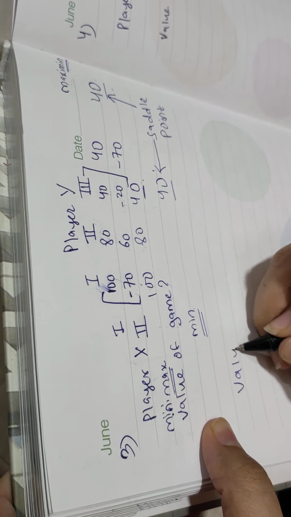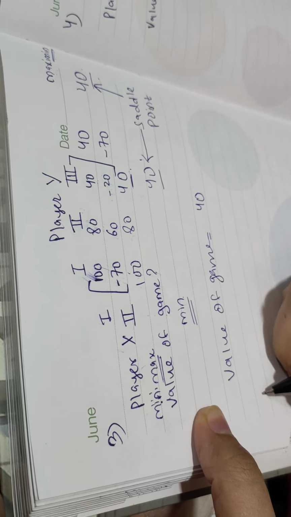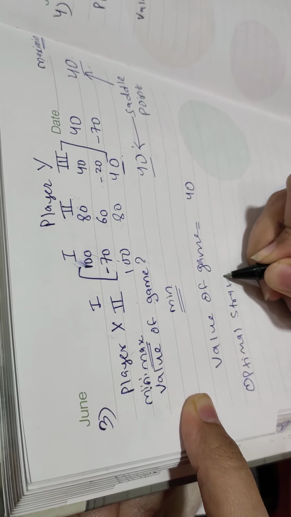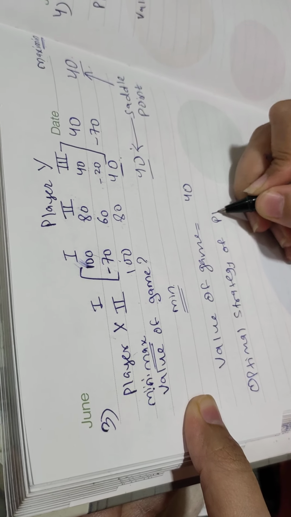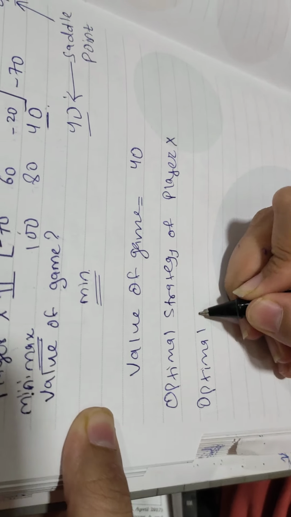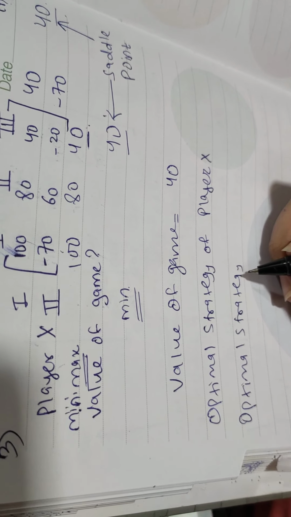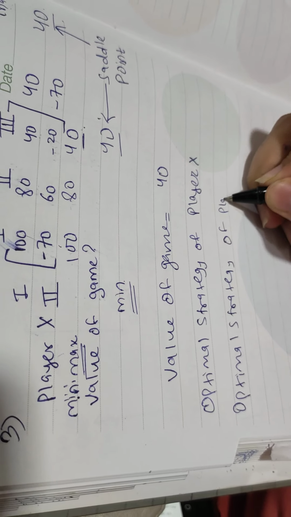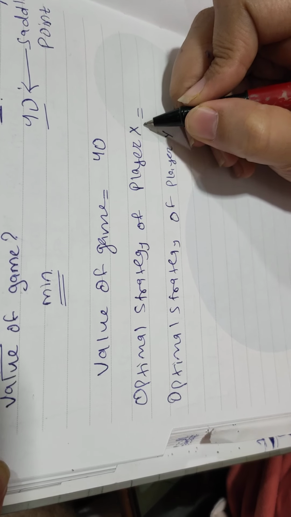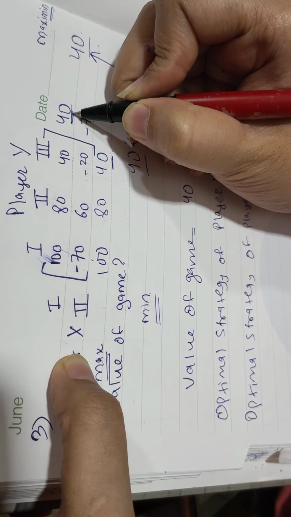So we will write value of game will be 40. Optimal strategy of player X. Optimal strategy of player Y. For player X, this is the winning point because this is our value or saddle point.